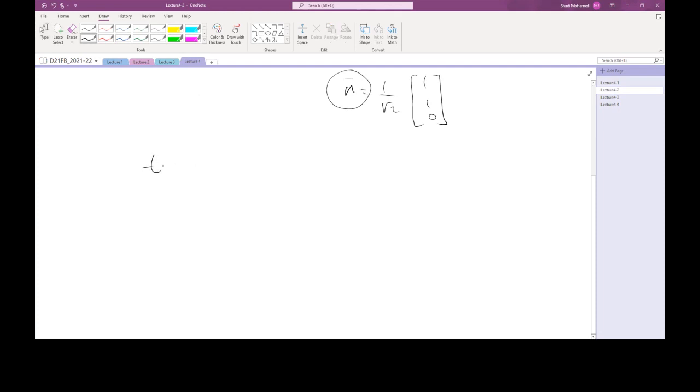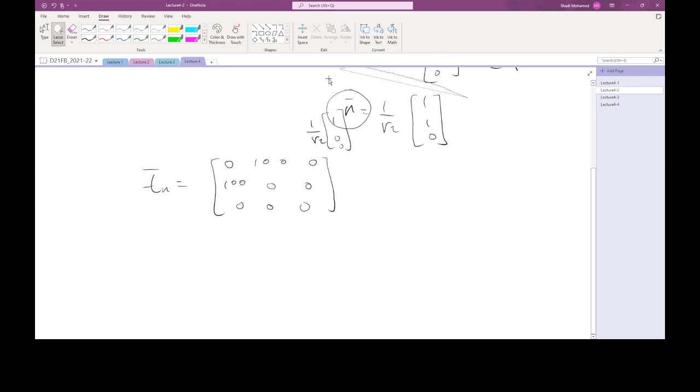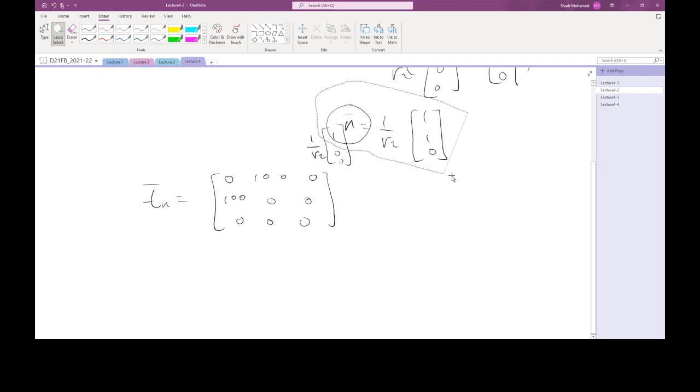So first of all, Tn vector is equal to 0, 100, 0, 100 again, 0, 0, 0, 0, 0, multiplied by 1 over square root of 2, 1, 1, 0, and 0. Just going to remove this from here, so I have more space for myself.